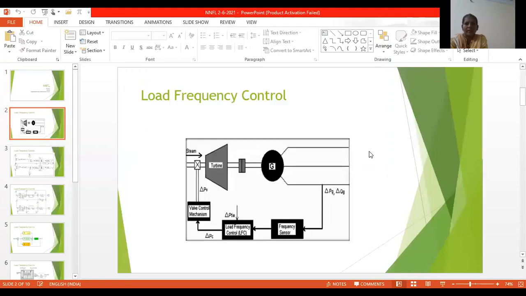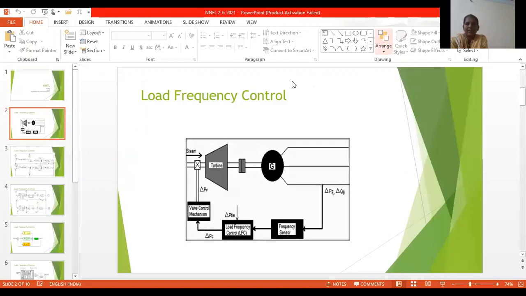In the generator, at the generating station, you need to continuously monitor the frequency and voltage. The two parameters to be maintained constant are frequency and voltage.